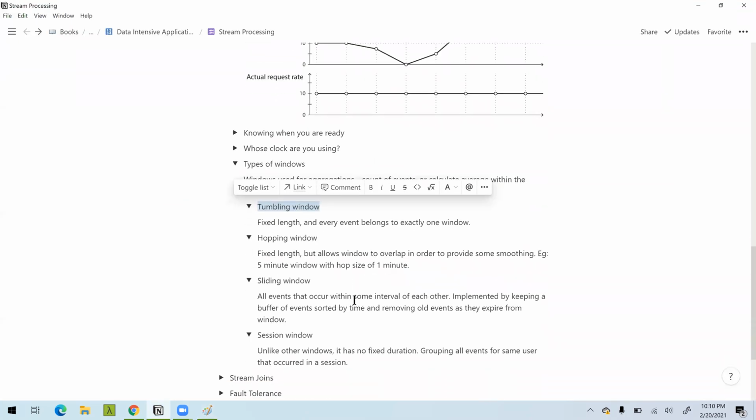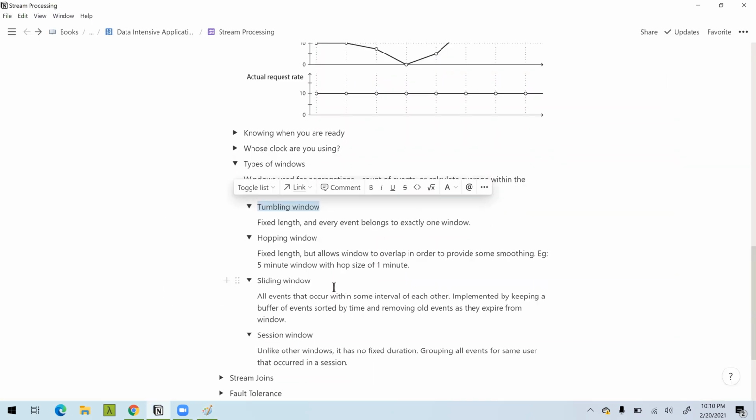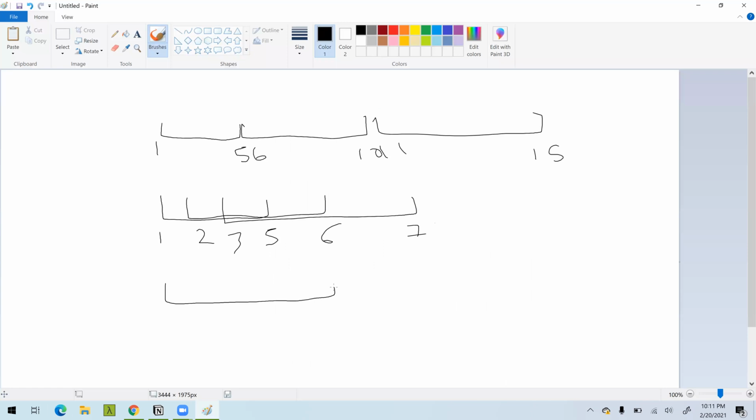The third thing is sliding window. With a sliding window, you are taking all events that occur within that interval of each other, whatever interval you have defined. For example, let's say you have defined an interval of 5 minutes, then all the events that happened in the last 5 minutes will be taken.